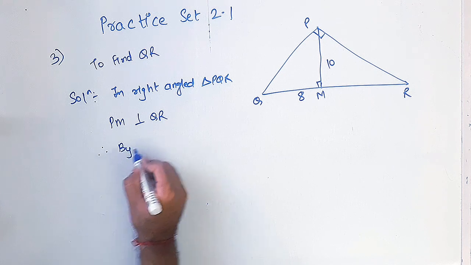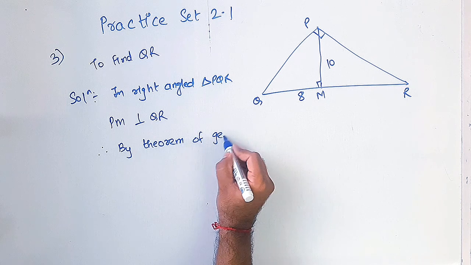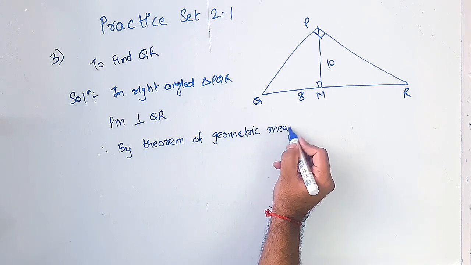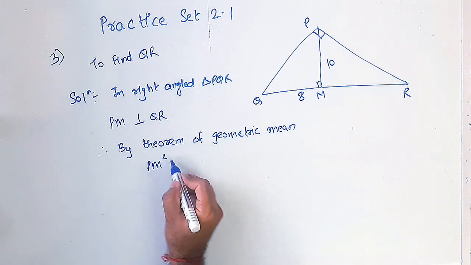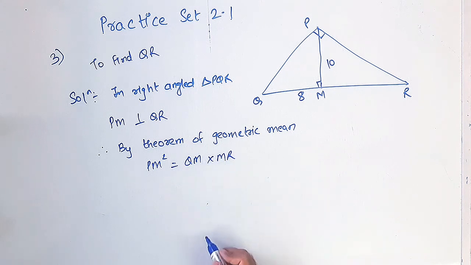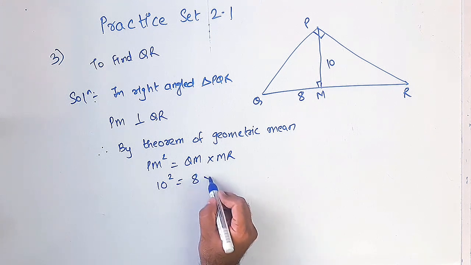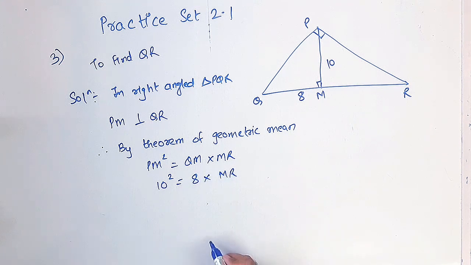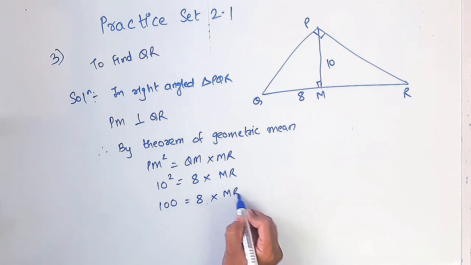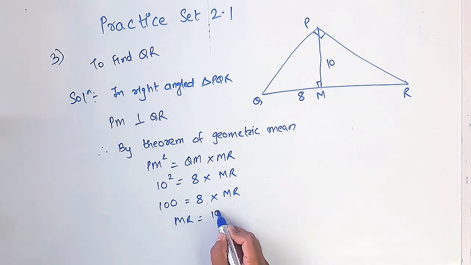Therefore by theorem of geometric mean, PM square is equal to QM into MR. Now PM square is 10 square, QM is 8, MR we have to find. So this becomes 100 is equal to 8 into MR. So MR will be what? 100 by 8.